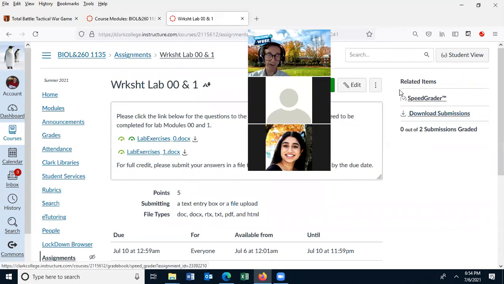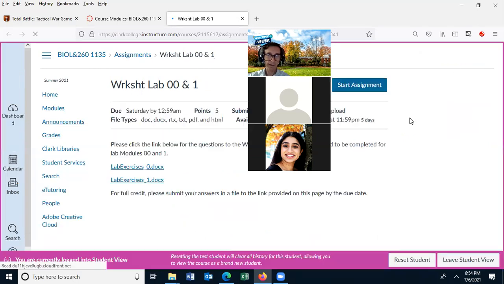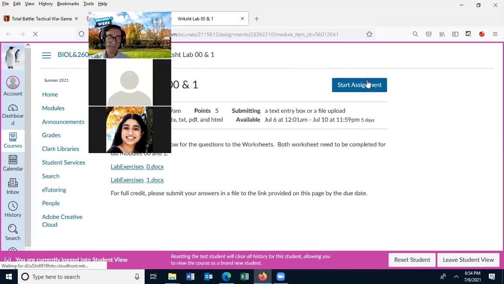And I'm an instructor, so I have the grader. I don't have a link for downloading a lab worksheet, but you won't have the grader sheet and the download submissions. You'll have an upload submission button or something like that. And I can go to student view and see that, what you'll have. Start assignment.